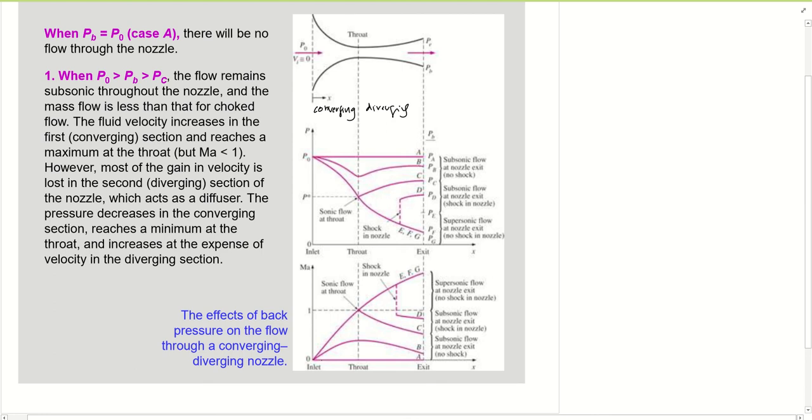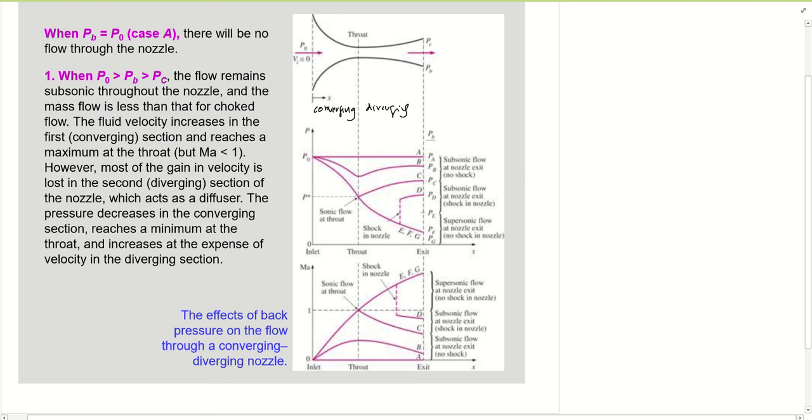In terms of Mach number, it first increases, and then after the throat, the Mach number decreases. This is a simple relation based on our previous lecture for subsonic flow, the relation of area with velocity and pressure.